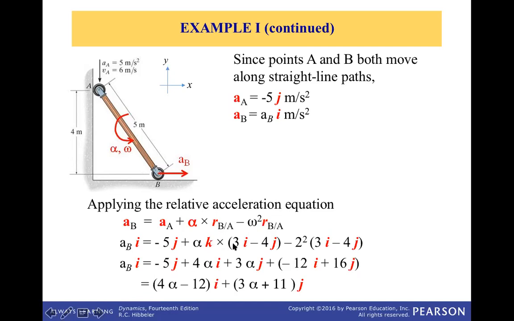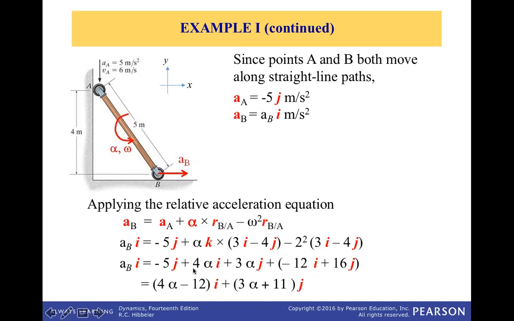K cross I gives you positive J, so 3 alpha J. K cross J gives you negative I, but it's negative in front here, so negative becomes positive, 4 alpha I. Then distribute the 2 squared into the parentheses: minus 4 times 3 gives you minus 12I, and then minus becomes positive, 4 times 4 gives you 16.